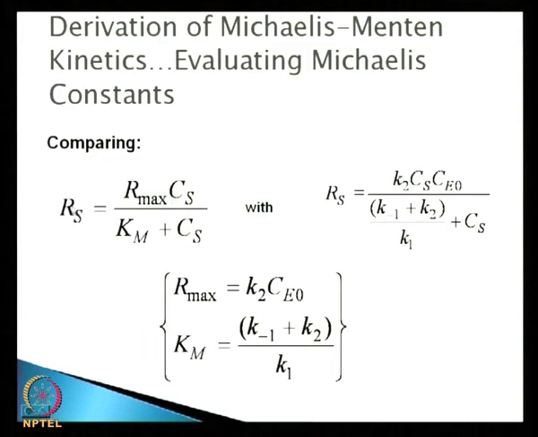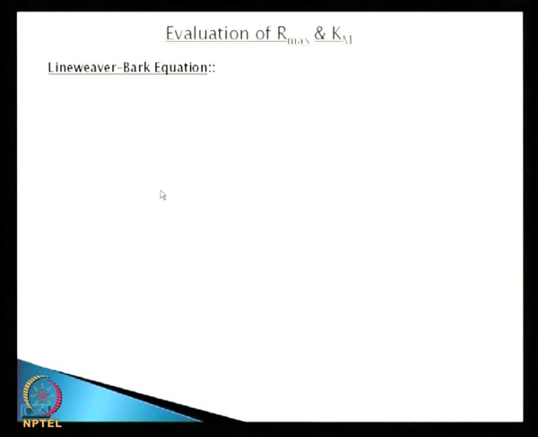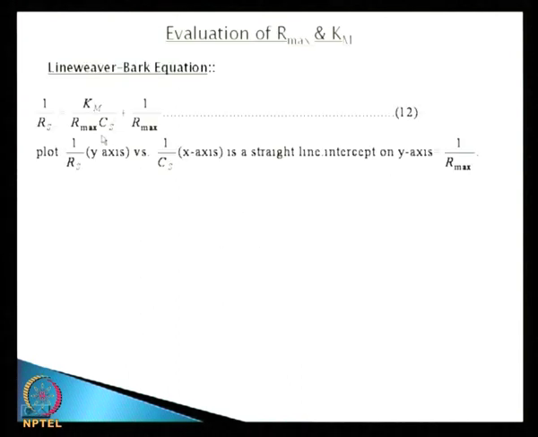If you take the inverse of this, 1 over R_s, then 1 over C_s will come in the denominator, and this is what happens: 1 over R_s equals Km over Rmax times 1 over C_s plus 1 over Rmax. Now, if you plot 1 over R_s against 1 over C_s, then they are linearly related, right. So, then you can use the whole range of data.